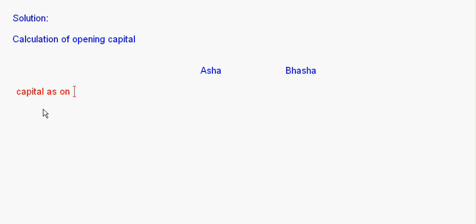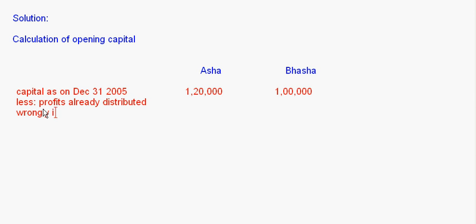Right, now first of all we need to calculate the opening capitals of the partners. So I have this capital as on December 31st 2005. For Asha it was 1,20,000 and for Basha it is 1 lakh. After that we have to deduct the profits already distributed wrongly in equal ratio.